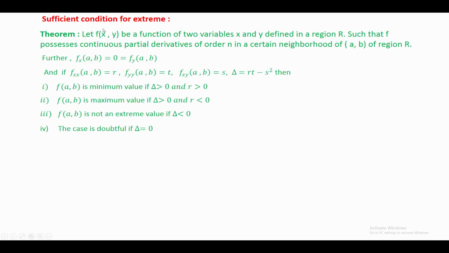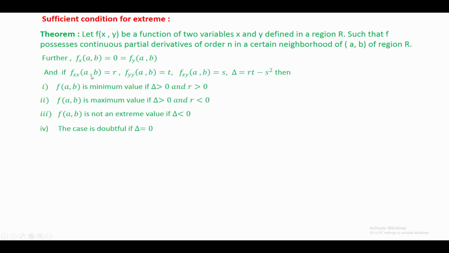Next is sufficient condition for extreme. Theorem: let f(x,y) be a function of two variables x and y defined in a region R such that f possesses continuous partial derivatives of order n in a certain neighborhood of (a,b) of region R. Further, first order partial derivatives at point (a,b) are 0, means fx(a,b) equals 0, fy(a,b) equals 0.